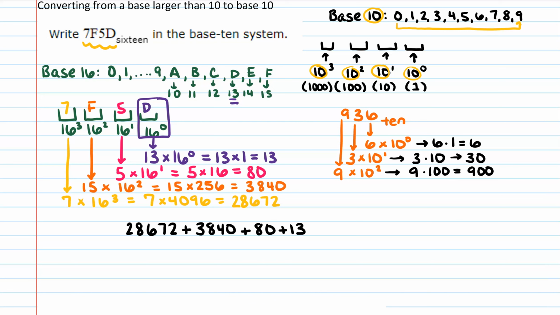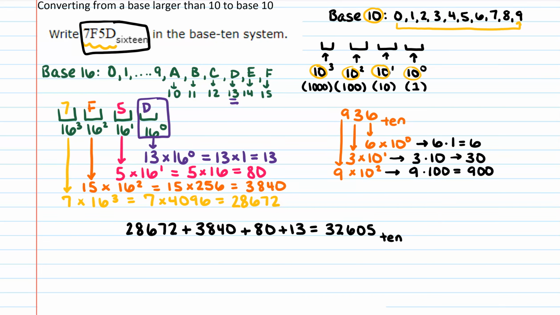So when I add that in my calculator, I get 32,605. So this is the base 10 version of that value, and this is the base 16 version, 7F5D base 16.